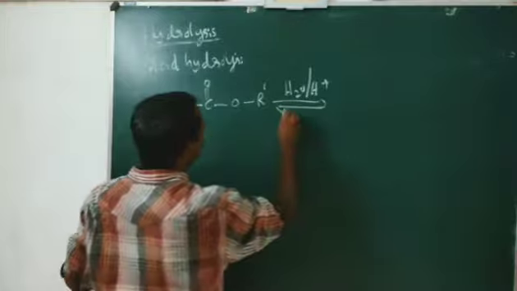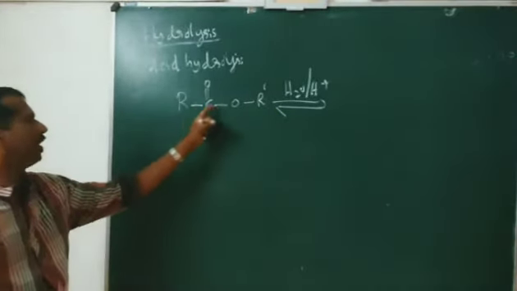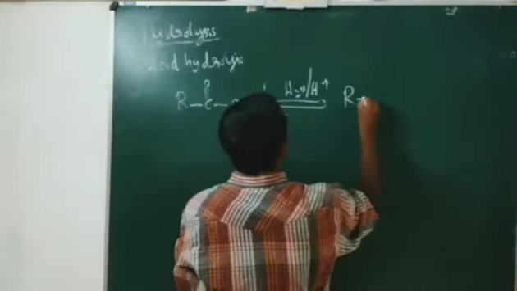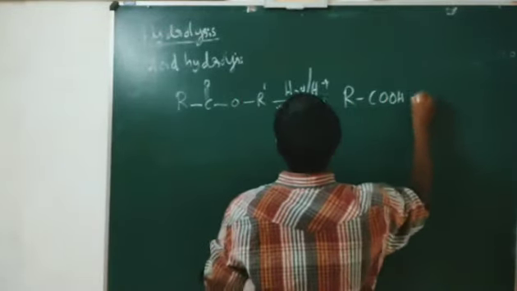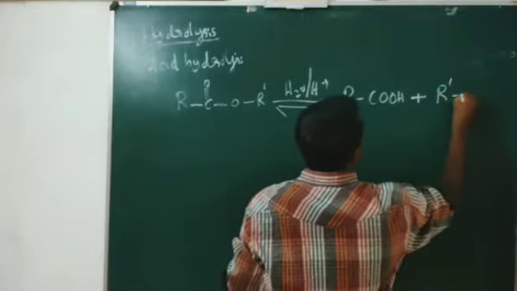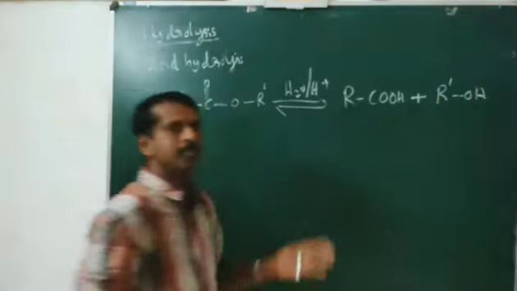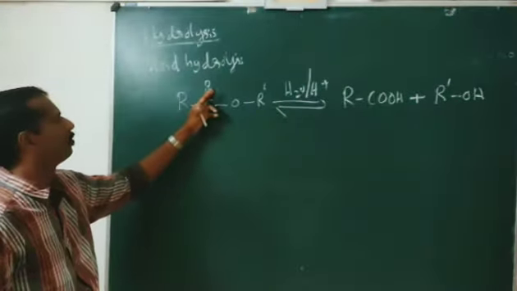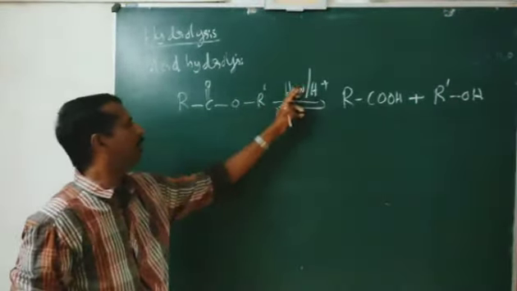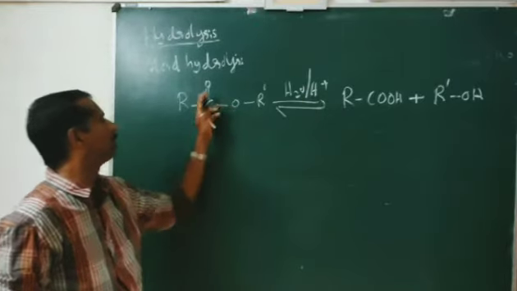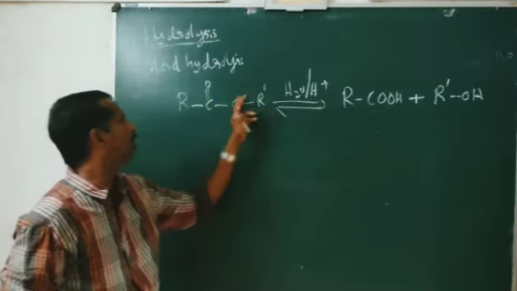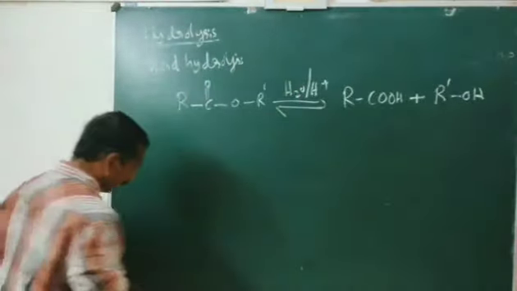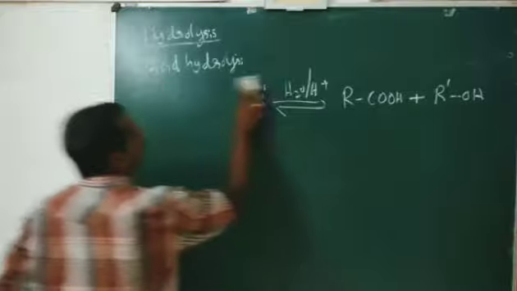Actually, this is a reversible reaction. We get the corresponding acid, RCOOH, plus R'OH. It changes back to the corresponding carboxylic acid and alcohol. H2O means H and OH: RC=O with OH, and then R'O with one H, R'OH. This is acid hydrolysis, and acid hydrolysis is a reversible reaction.